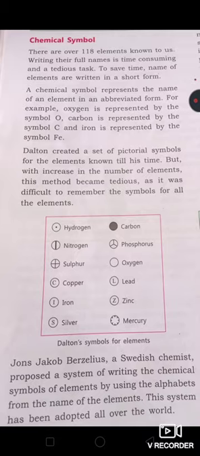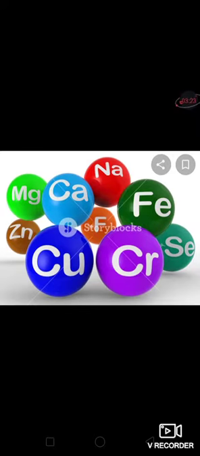This is the successful system, and it is easy to remember also. A chemical symbol represents the name of an element in an abbreviated form. It is easy to remember, and it also saves a lot of time.